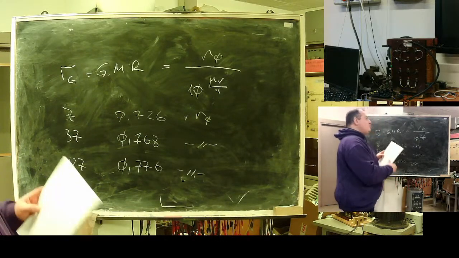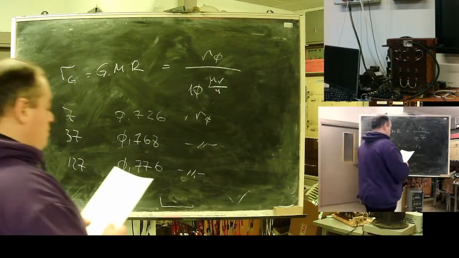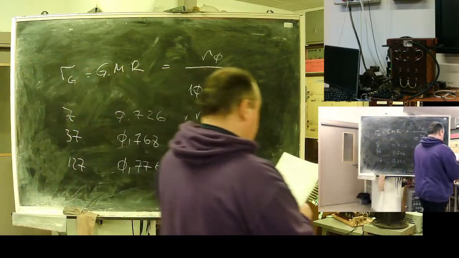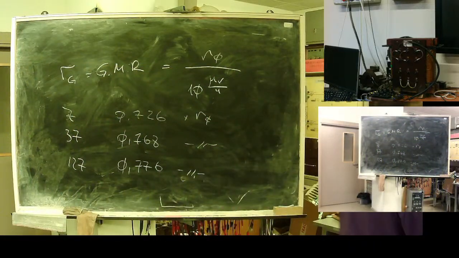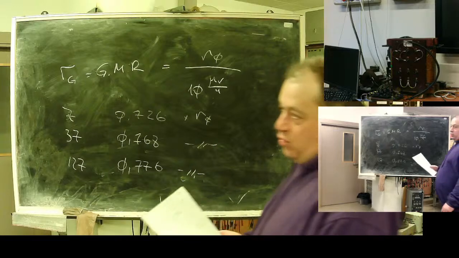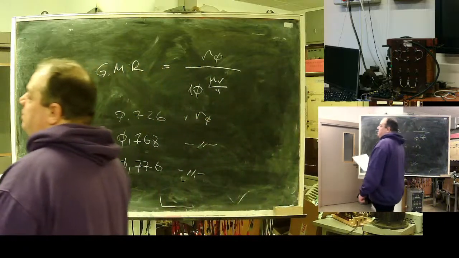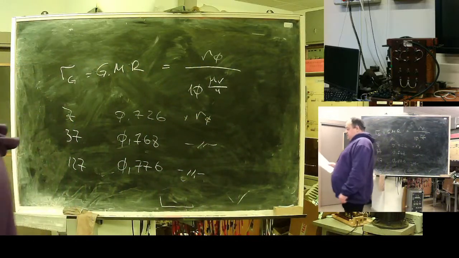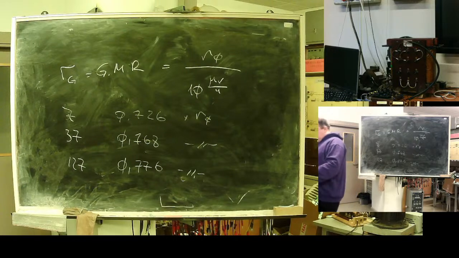For huge wires, real huge wires, observed GMR is frequency dependent. There are well-known measurements for American standard 2 million circular mills.